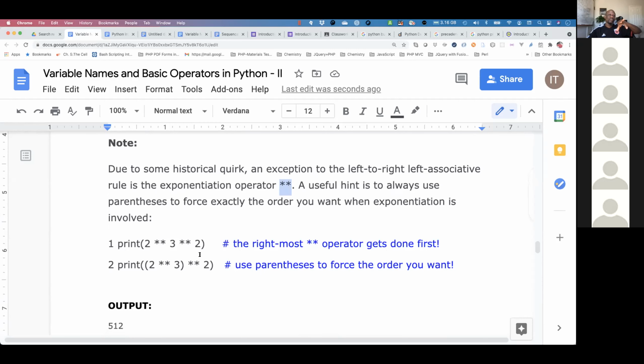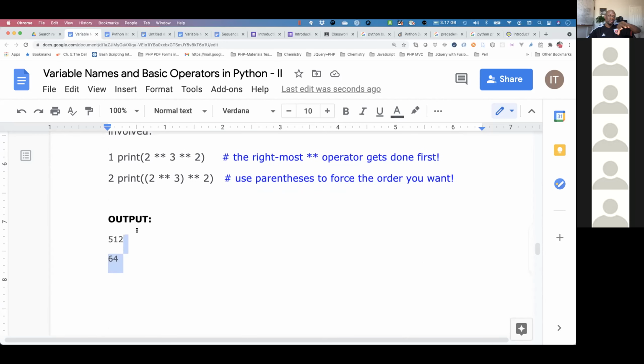So if you were to do this without them, the rightmost operator goes first. This one will give us 9. Then the power of 9 will give us something, which is 522.